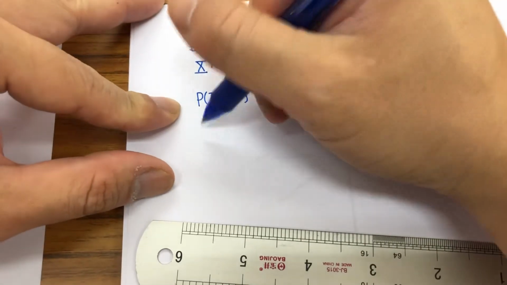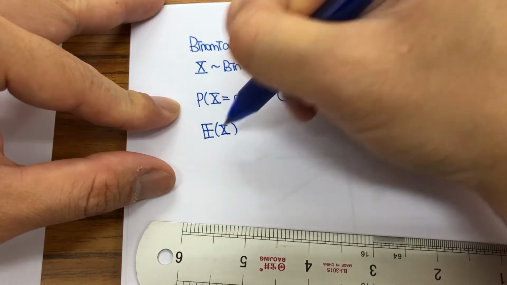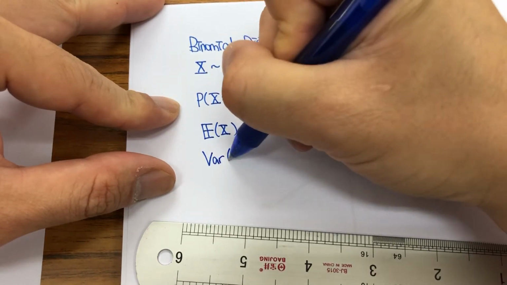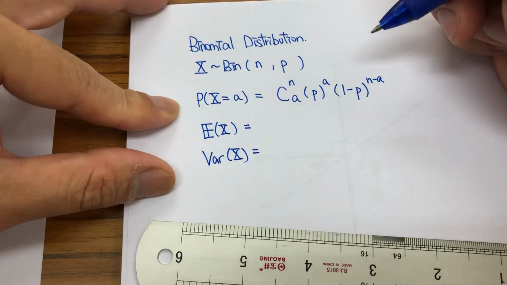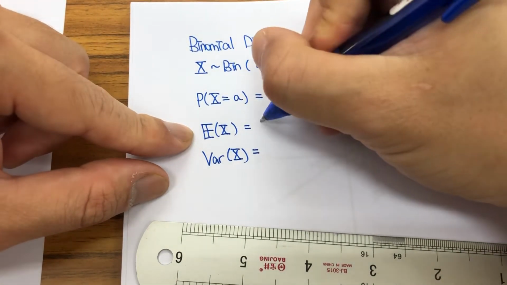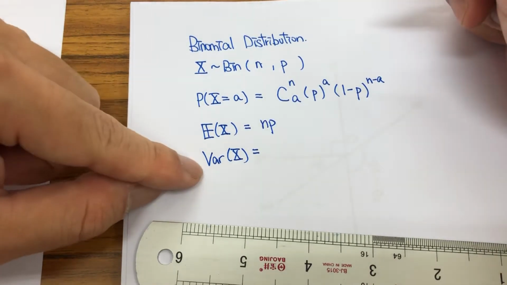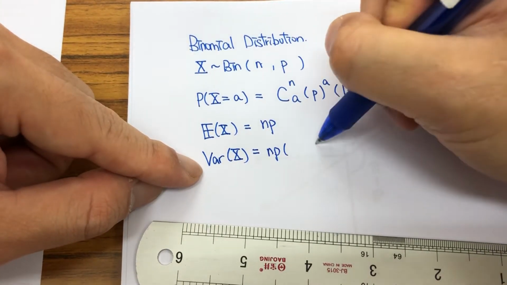And also how to find the expected value and the variance. Do you remember? For the binomial distribution, the expected value is just n times p, while the variance is equal to n times p times one more thing.